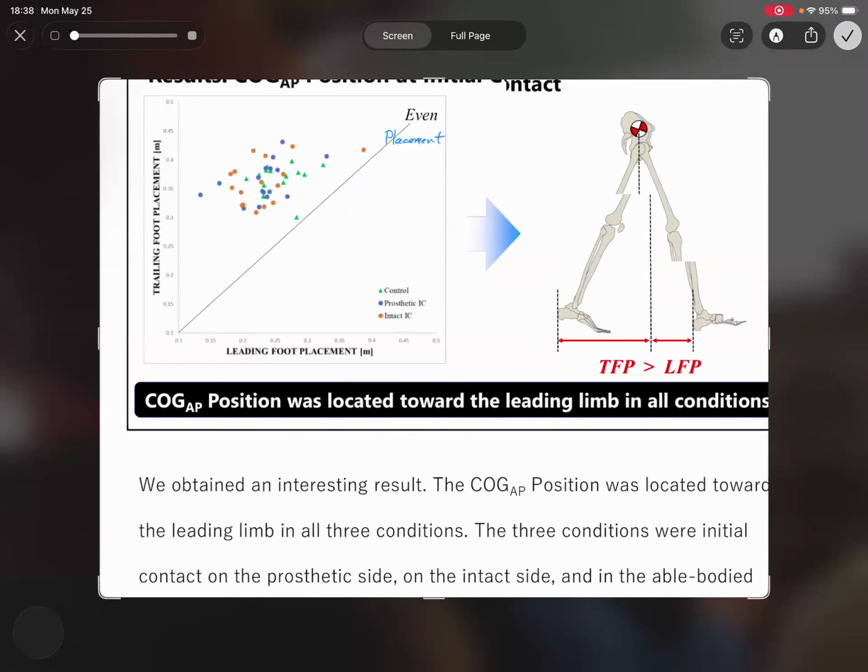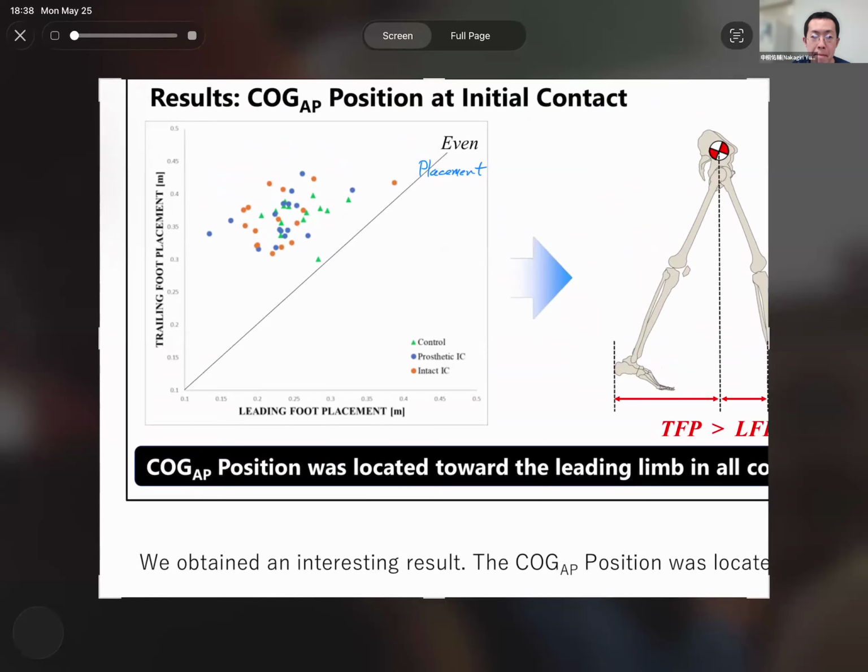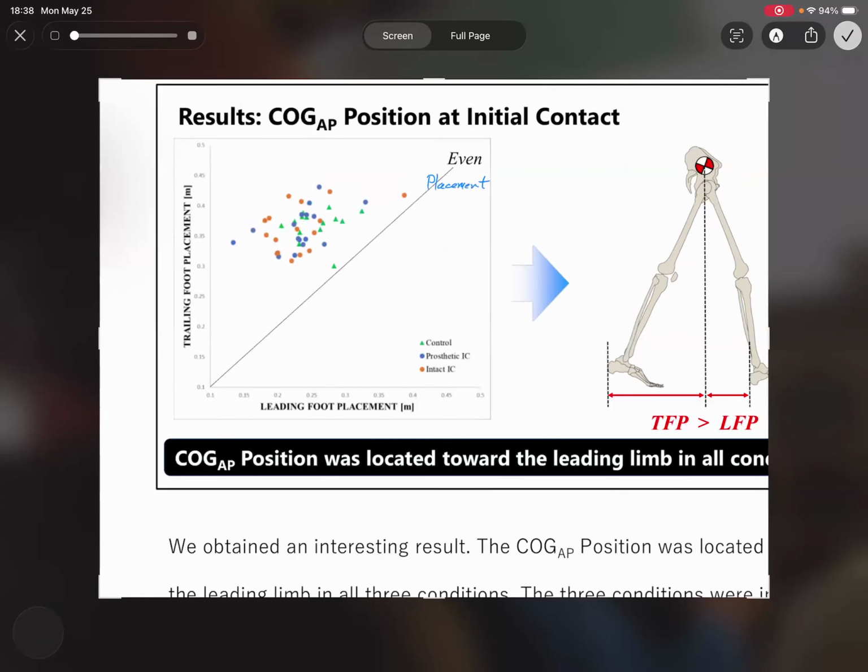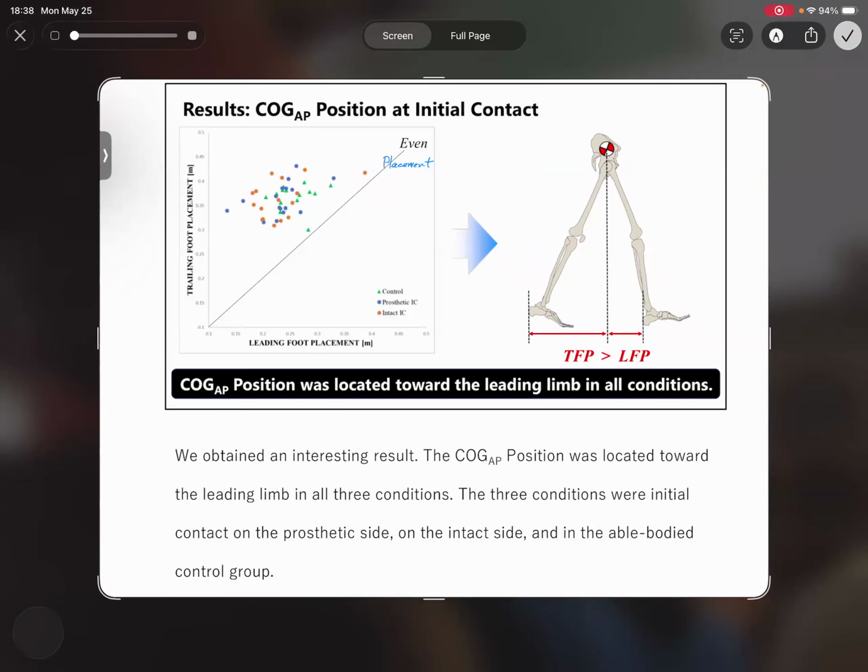Hang on. Controls, I'm looking at the green. Yes. Okay. And then prosthetic initial contact.